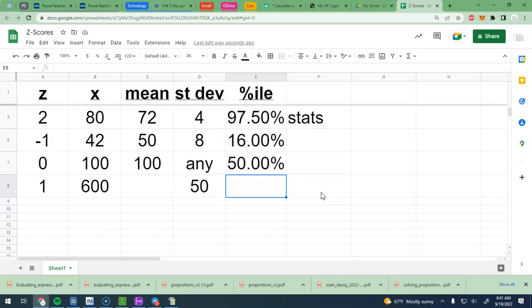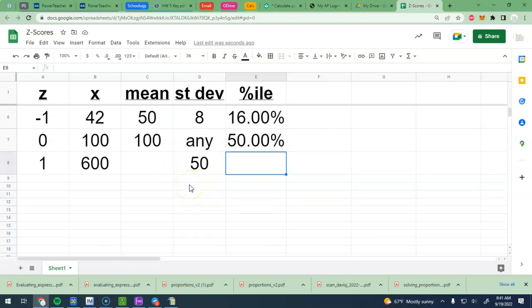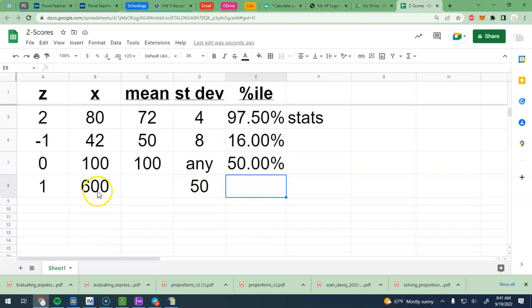I don't want to do one with weird decimals, just make sure you can actually do the algebra if you need to. So if z is 1, are we above or below the mean? Above.